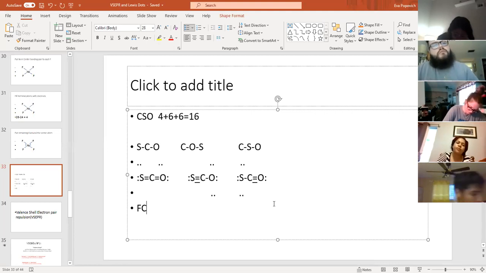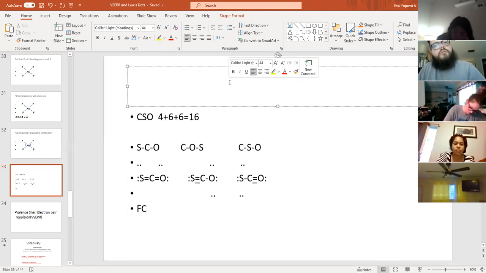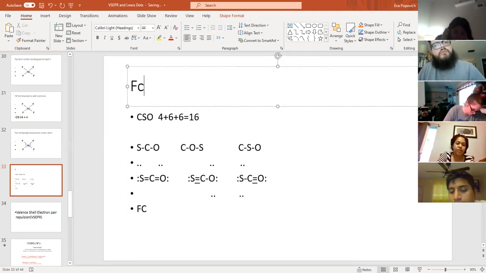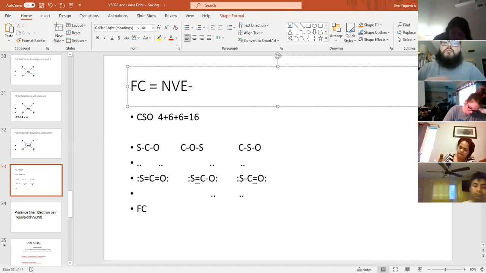Still working. Can you retype the formal charge equation on this screen? Oh, I'm sorry. NVE stands for the normal valence electrons. LPE stands for the lone pair electrons.